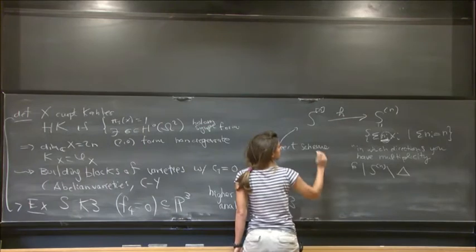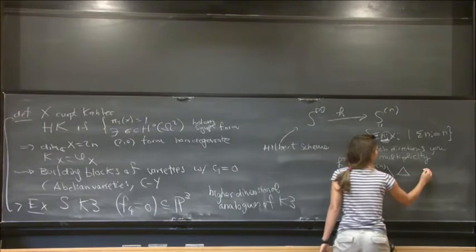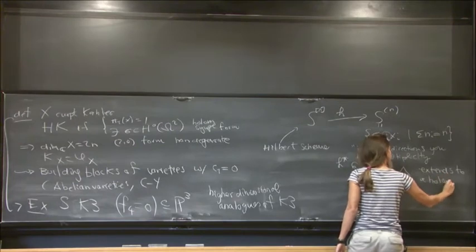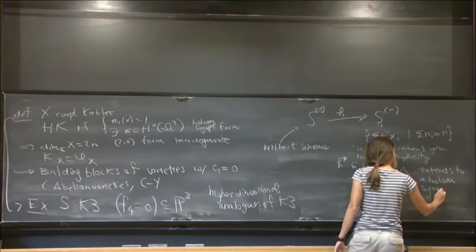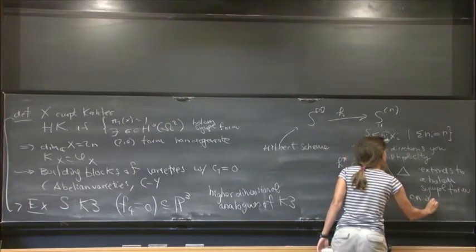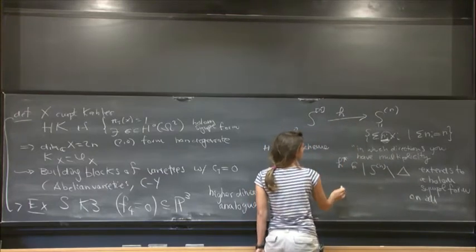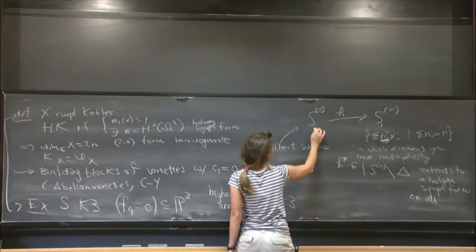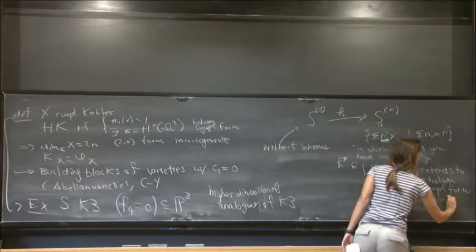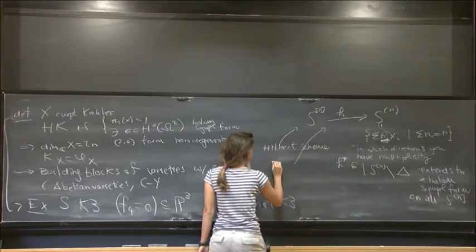And the important feature of this map is that the pullback of this thing extends to a holomorphic symplectic form everywhere on all of the Hilbert scheme. So this is a resolution of the singularities. Where it's smooth, it's just an isomorphism, so you bring the form here, and then you extend it from this open subset to the whole thing. So such a map is called a symplectic resolution.